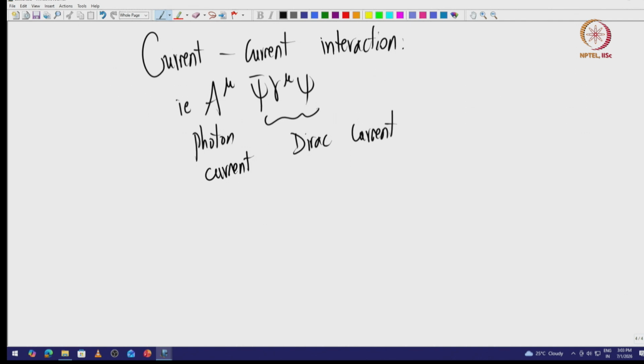So, with this I want to write the full Lagrangian. So, the full Lagrangian would be L is equal to the kinetic terms for the Dirac particles, which are essentially psi bar (i del slash minus m) psi, let me specify what psi is.